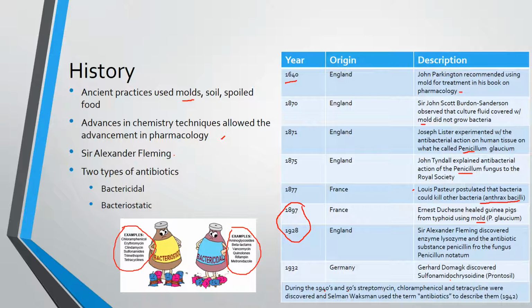And it was in 1942 that the term antibiotic was actually coined. Okay, so it's not that Alexander Fleming coined it; it was actually coined by Selman Waksman, but it's obviously an appropriate term.